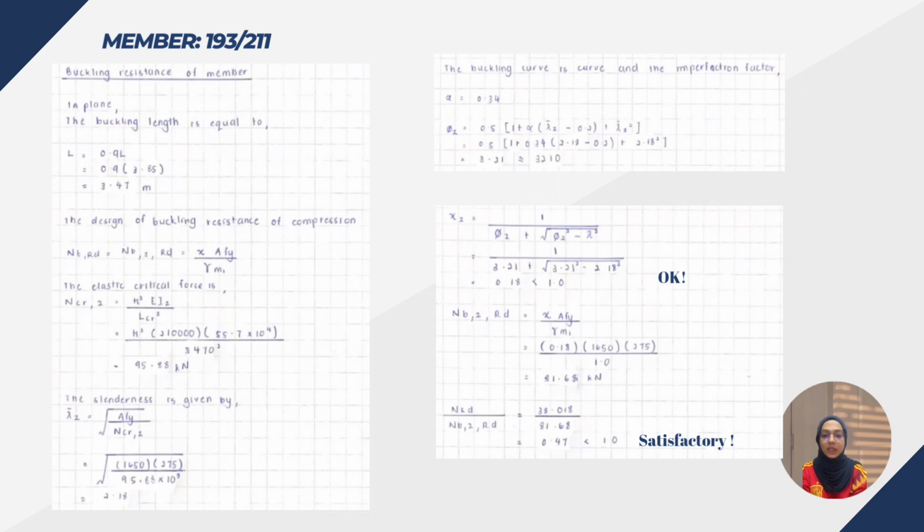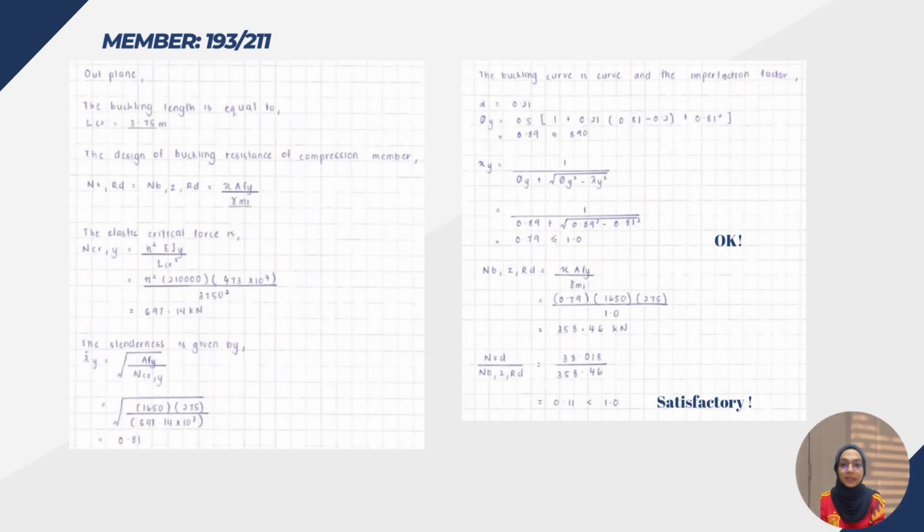For the buckling curve, we are using the alpha of 0.34 and the value is 3.21. From the value, we calculate NED over NBZRD, which is 38.018 over 81.68. We get the value of 0.47 which is lesser than 1, so it is accepted.